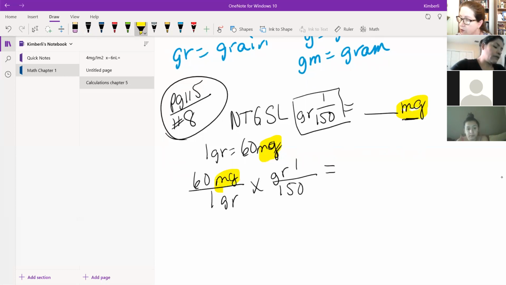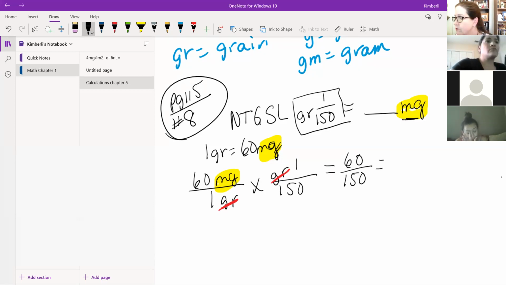Okay, so I'm going to put the milligrams on top because that's what I'm looking for. The grains are going to cancel. So this tells me to take the 60 and divide it by 150. So when you punch that into your calculator, you're going to get a repeating decimal. 60 divided by 150.